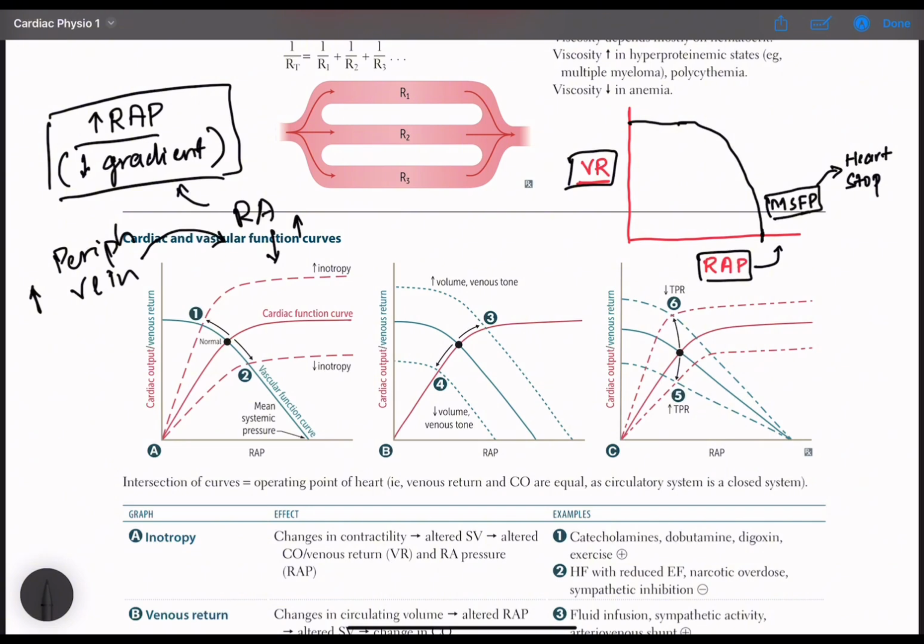But when they combined the two curves, the intersection of these two curves, the Frank-Starling curve and the venous return curve, is known as the operating point of the heart. It gives a real-time value of the cardiac output. Venous return and cardiac output are equal as the circulatory system is a closed system.